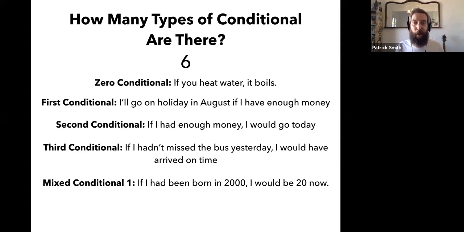So this is the first of our mixed conditionals. This example is actually passive. If I had been born, it's "si hubiera nacido". If I had been born in the year 2000, I would be 20 now. "Tendría 20 años right now." Yeah. So past if clause, present result.